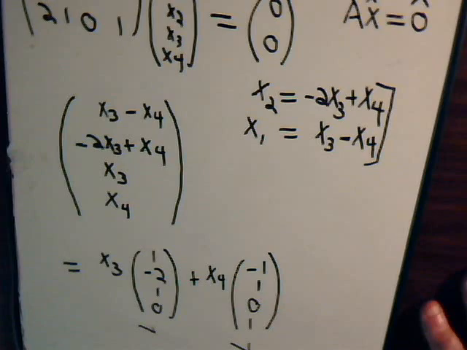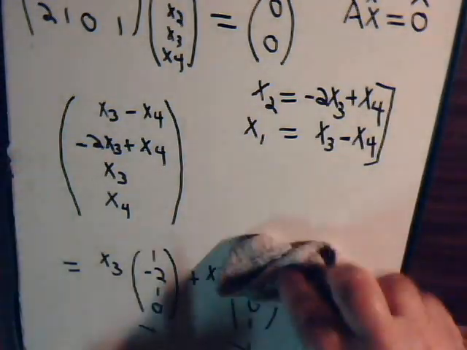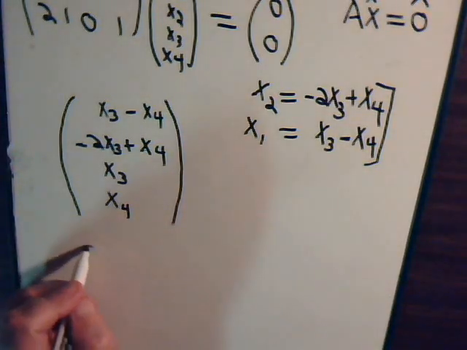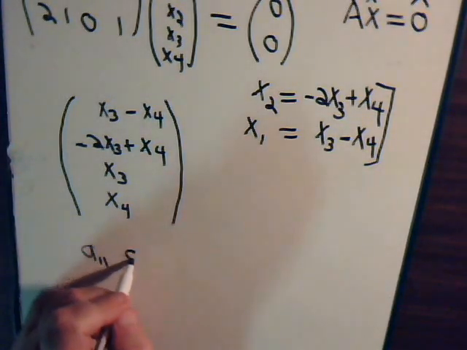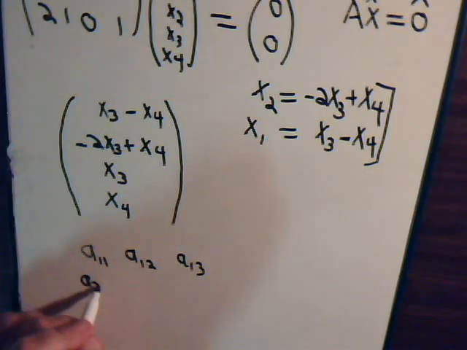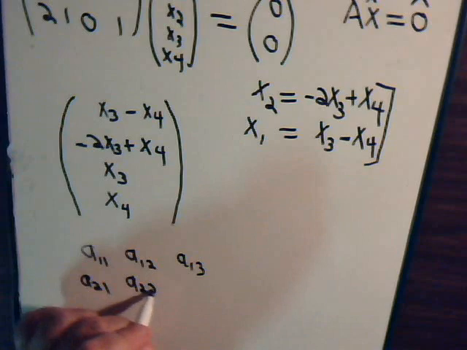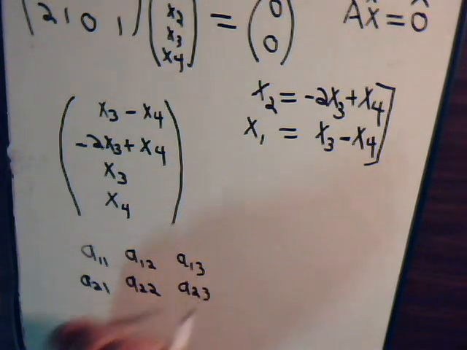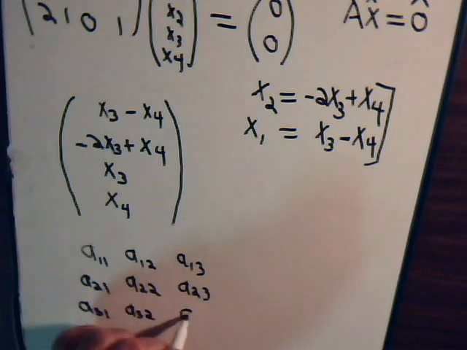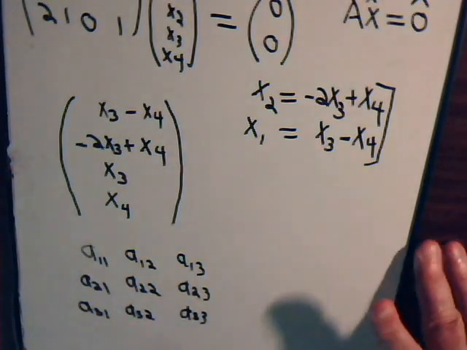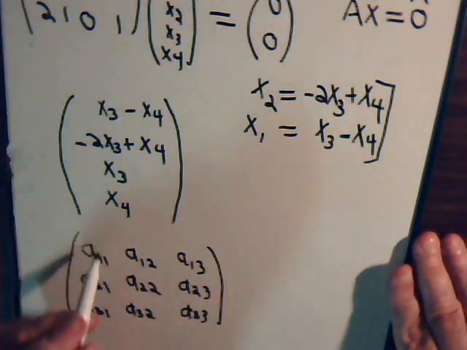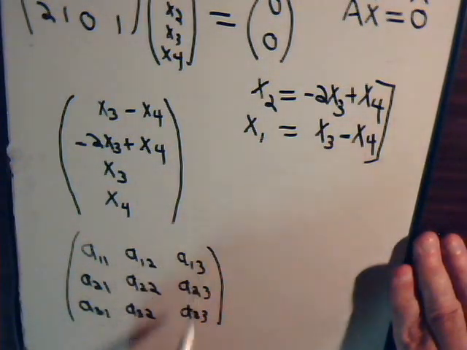Now, in the previous video, if we have just a general matrix, I'll just write a 3 by 3, like this, and we look at these columns and rows.